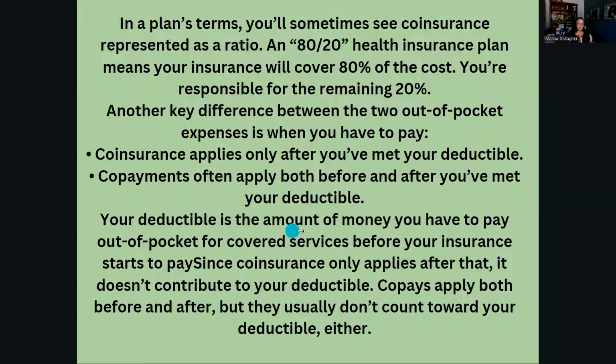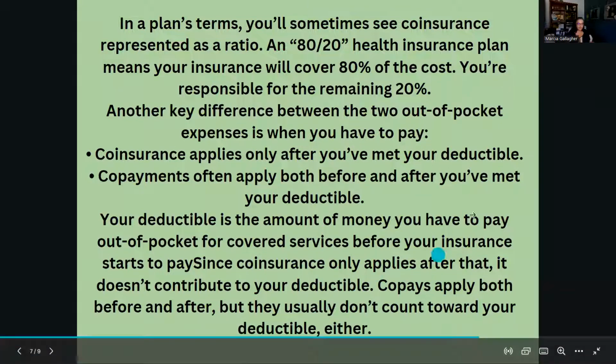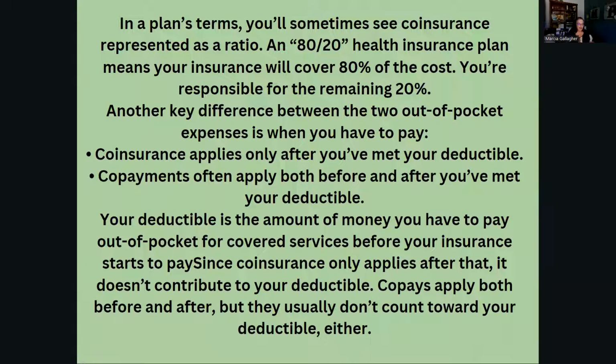Your deductible is the amount of money you have to pay out of pocket for covered services before your insurance starts to pay. Since coinsurance only applies after that, it doesn't contribute to your deductible. Copays apply both before and after, but they usually don't count toward your deductible either.